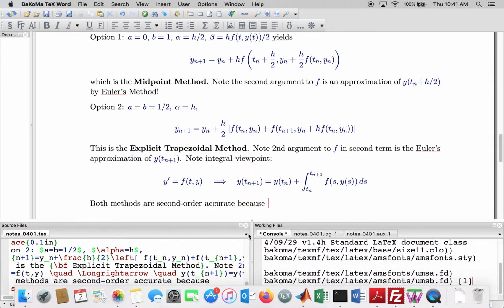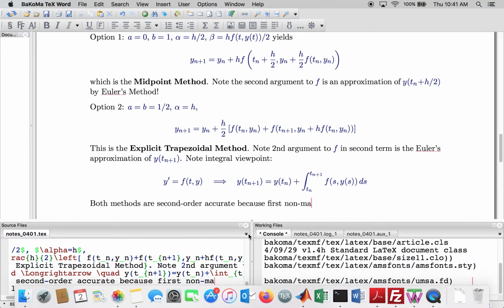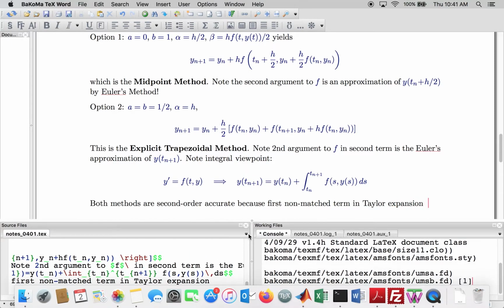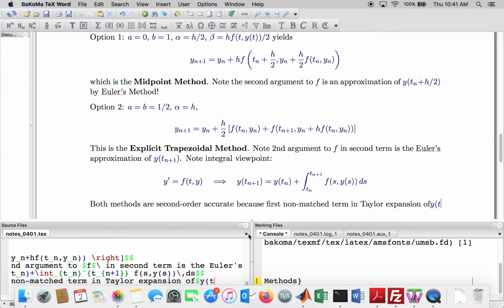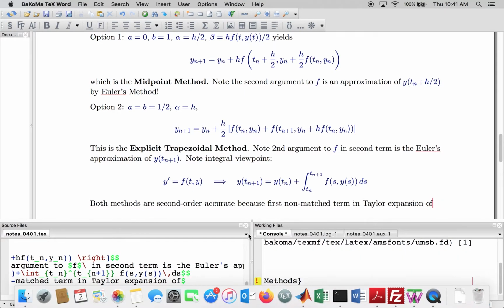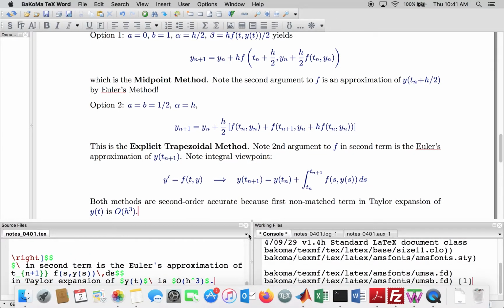the first unmatched term in the Taylor expansion of the exact solution is order h cubed. So we saw with Euler's method, the first leftover term was order h squared. That was the first neglected term in the Taylor series, and we got first order accuracy.